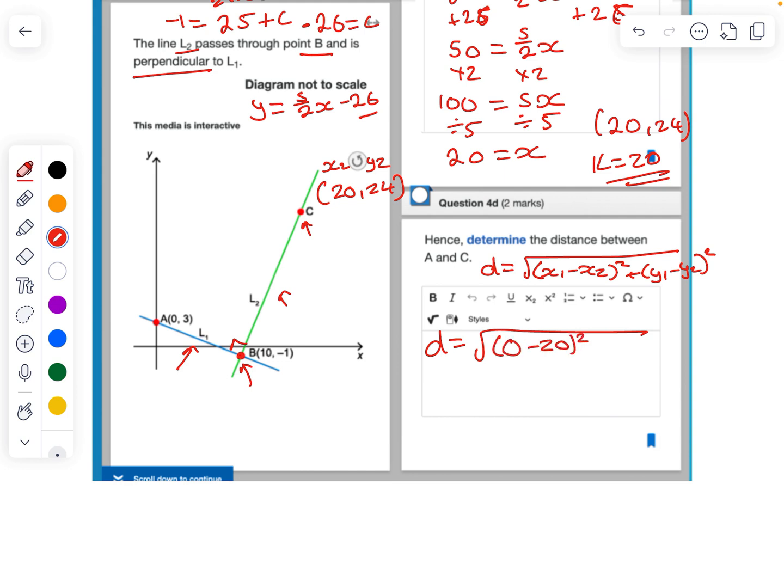So that means d equals, so we have in this question 0 minus 20 squared plus, what do we have? 3 minus 24 squared. So that means we're going to have -20 squared, and then we're going to have 3 minus 24 is -21 squared.